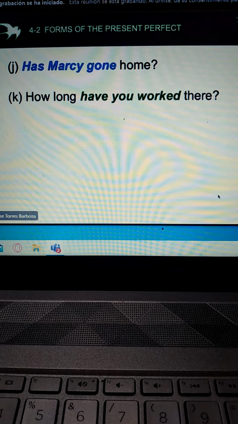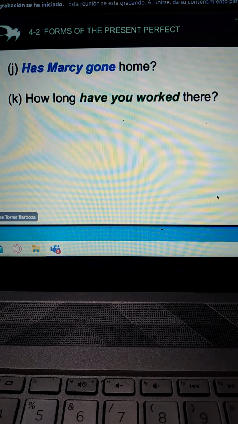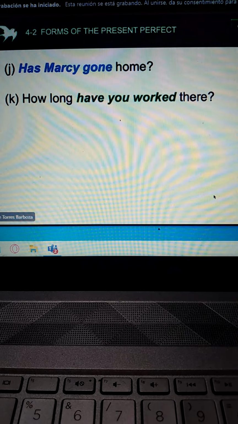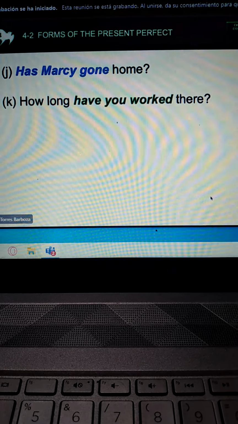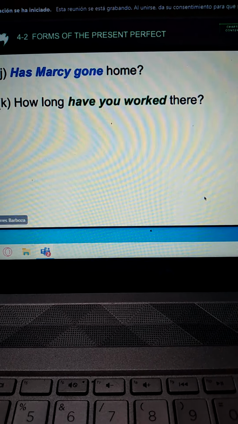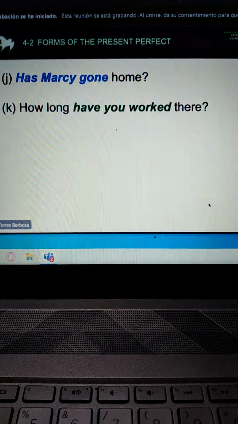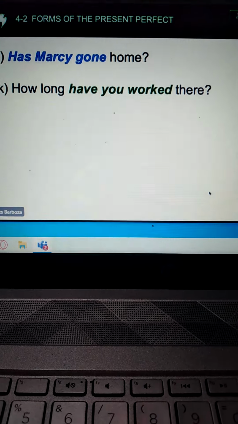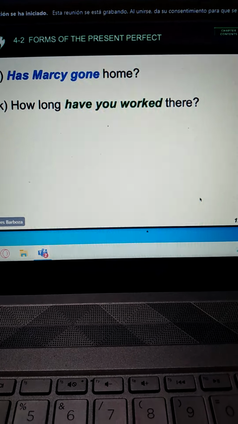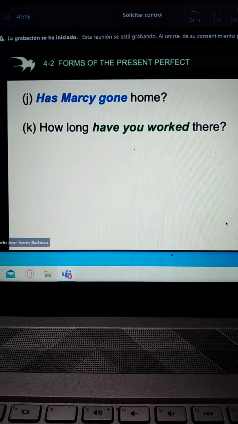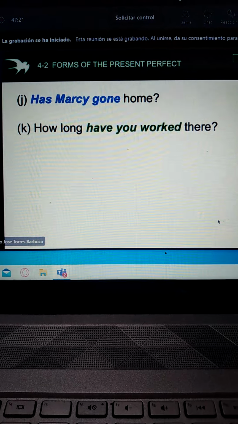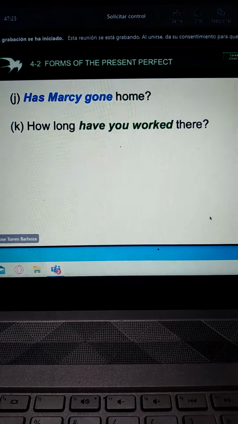How long have you worked there? For information questions, how long have you worked there? How long? Remember, it's time. How long have you worked there? 2 weeks, 5 years. For example, guys, if I ask you, how long have you worked at Edwards? You would say 2 years, 5 years, 3 years, 6 months, 8 years.